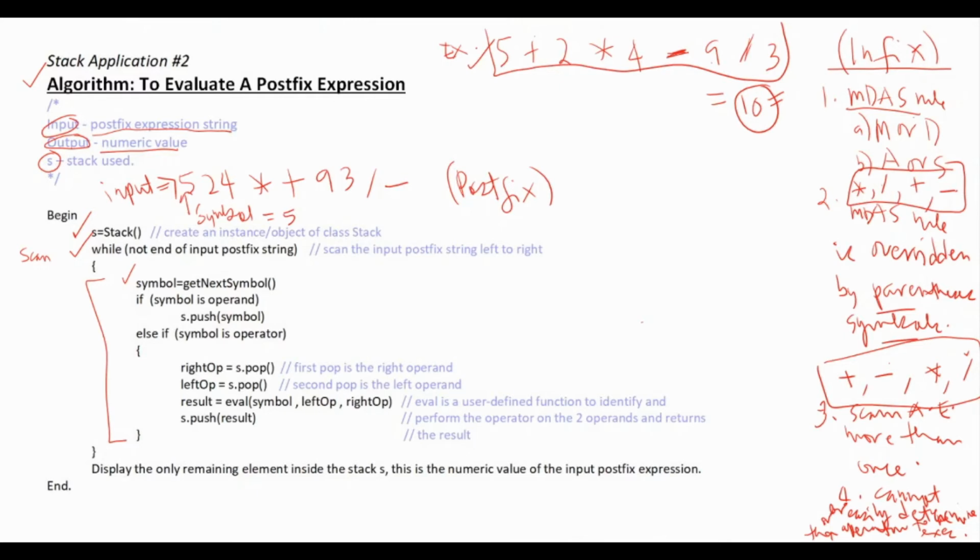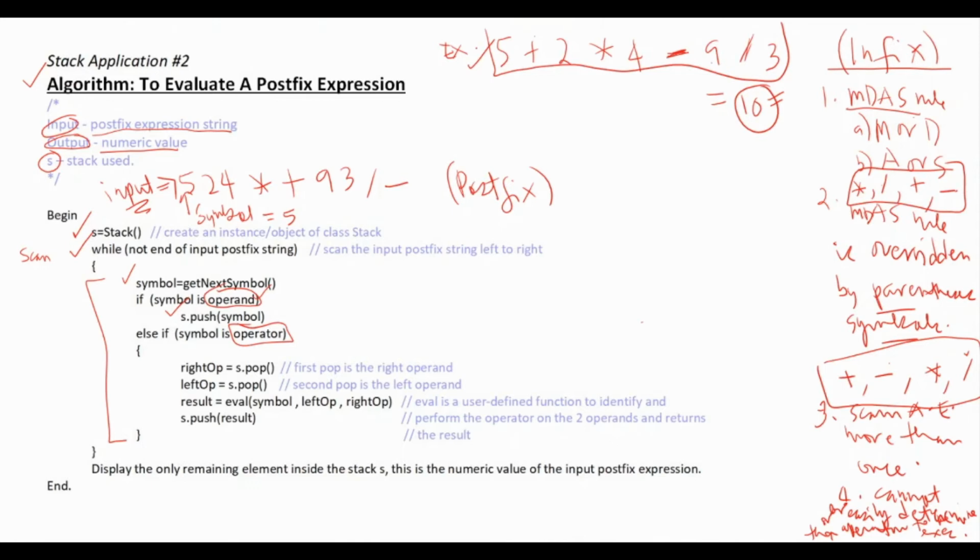On the third iteration, it would be 4, and so on. So we scan the input postfix expression left to right, and as we scan it, we get one symbol for every iteration. And as we get one symbol, we check if it is an operand or if it is an operator. If it is an operand like 5, 2, 4, 9, 3, the algorithm would simply push that operand into the stack S.